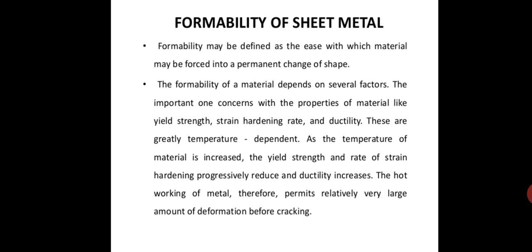is the properties of the materials like yield strength, strain hardening rate, and ductility. These are greatly temperature dependent. As the temperature of the material is increased, the yield strength and the rate of strain hardening progressively reduce and the ductility increases.